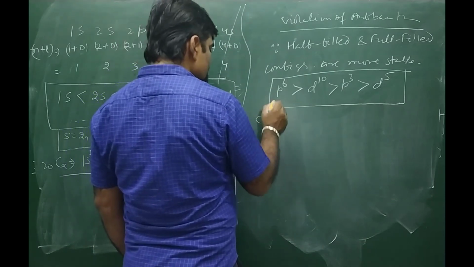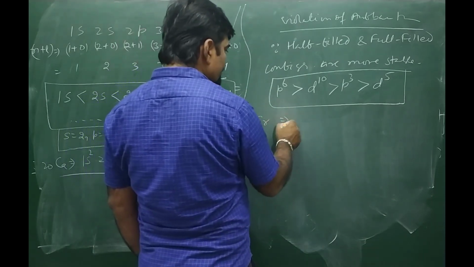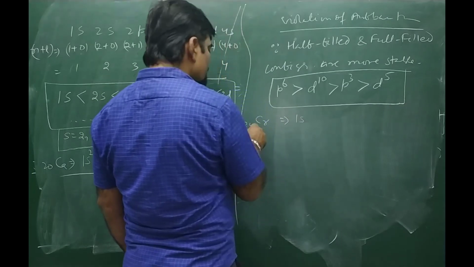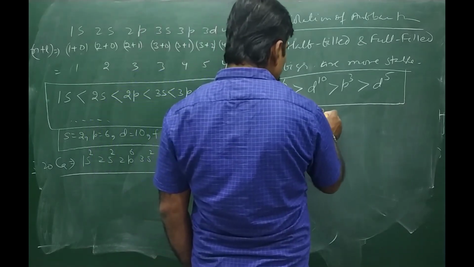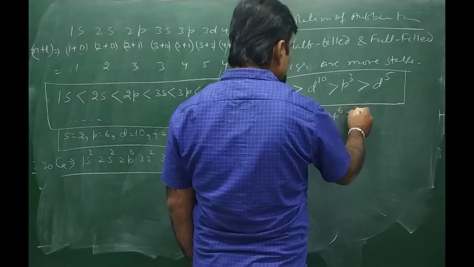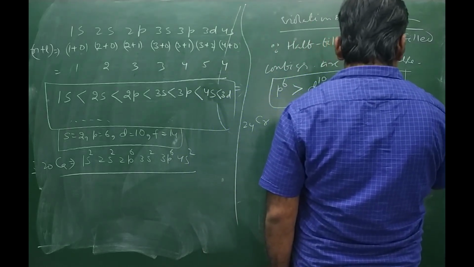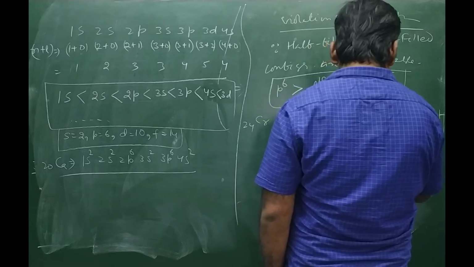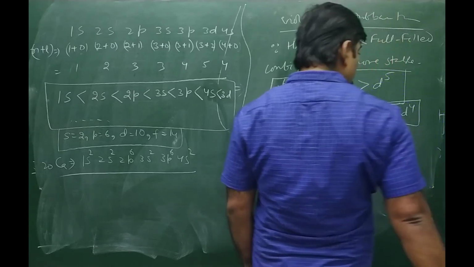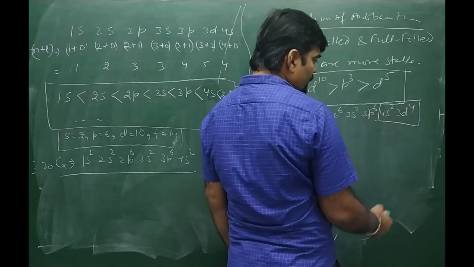For example, suppose there is chromium. Its atomic number is 24, and its configuration, if you write it, is 1s2, 2s2, 2p6, 3s2, 3p6, 4s2, 3d4. But see, in 4s and 3d there are 2 electrons and 4 electrons.